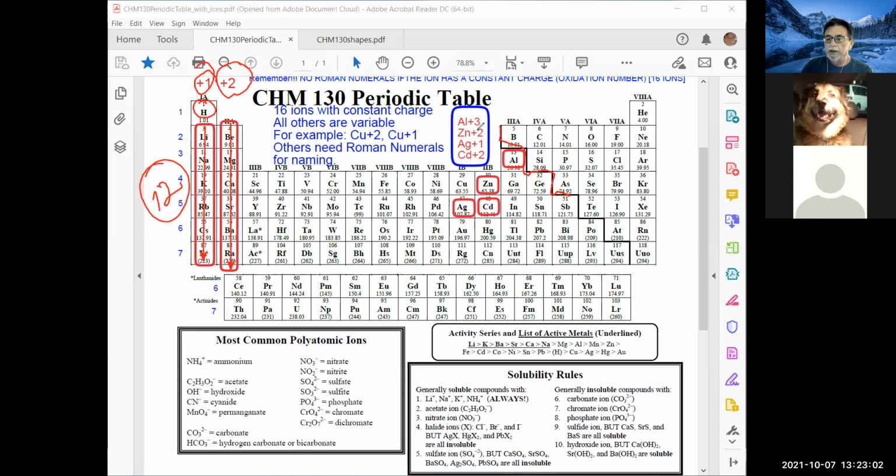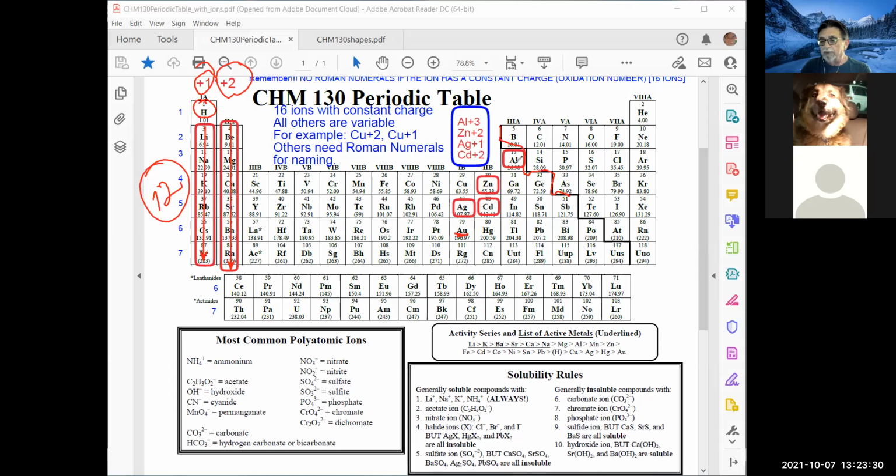I circle that. +2 charge 100% of the time. Ag, silver, not to be confused with Au, which is gold. Silver 100% of the time has a +1 charge. And the last one, to the right of silver, is cadmium, which 100% of the time has a +2 charge.